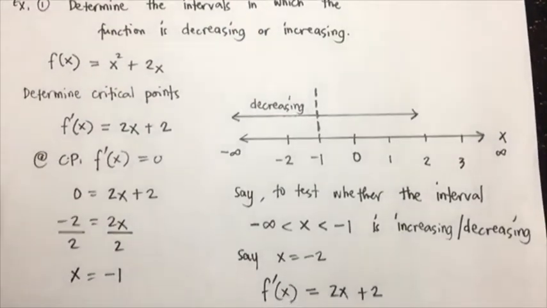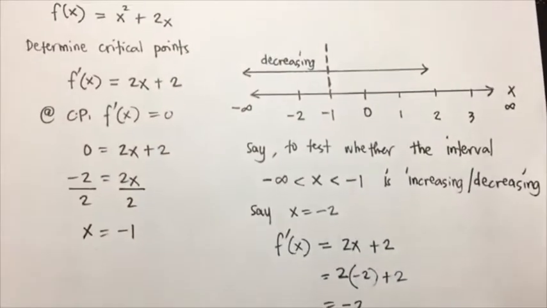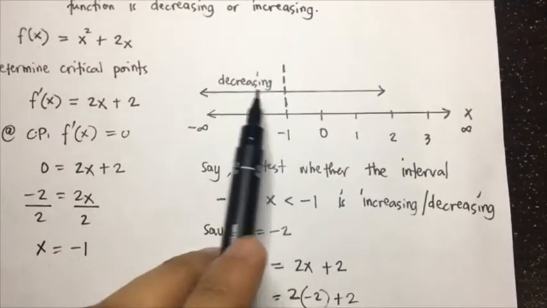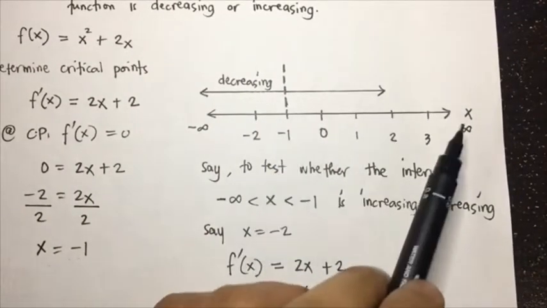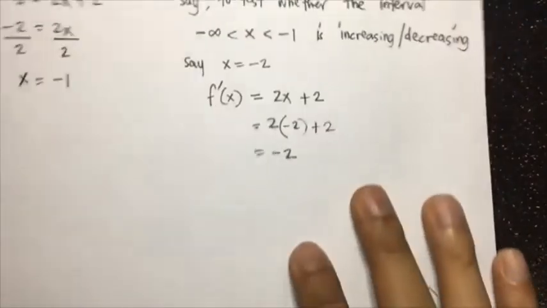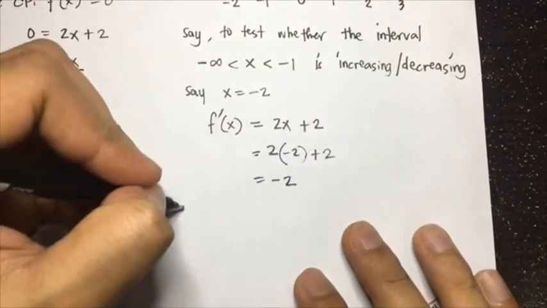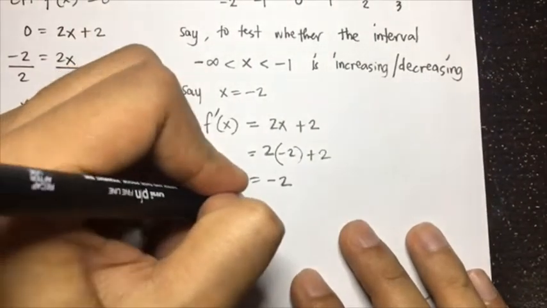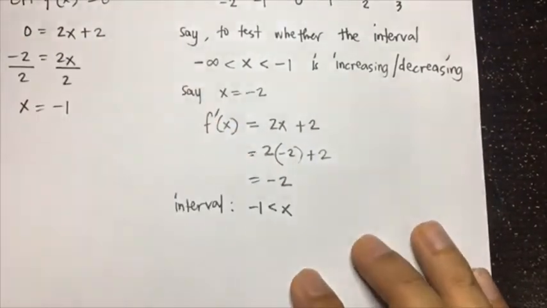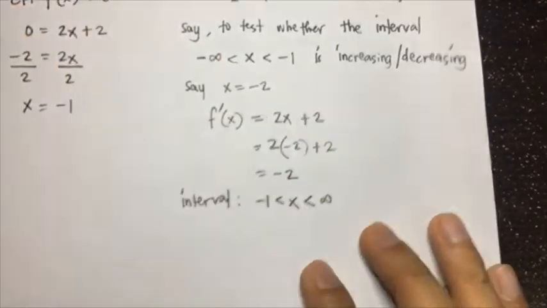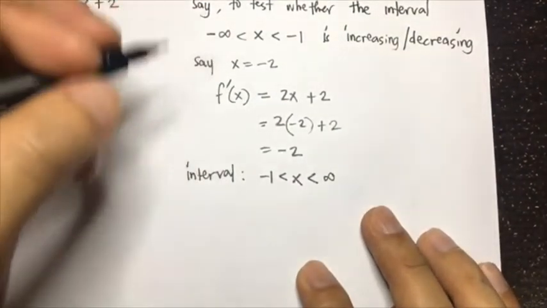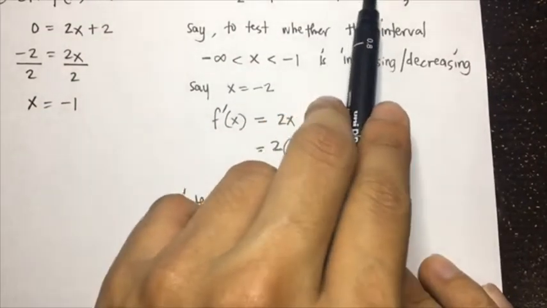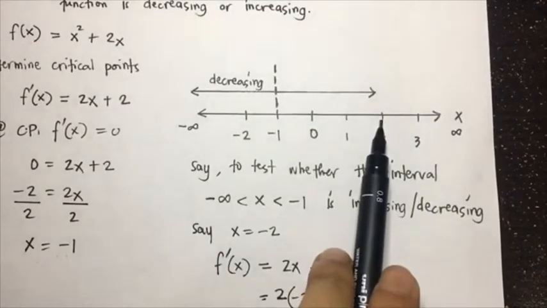So that interval is decreasing. On the other side, what's the other interval? From negative 1 to positive infinity. So for the interval negative 1 is less than x is less than positive infinity, say for example you choose x is equal to 2.